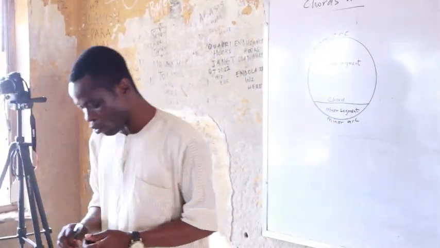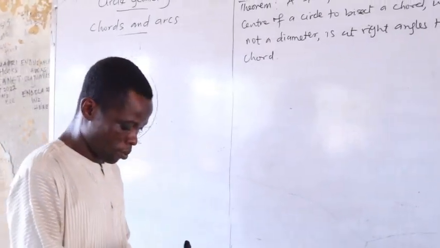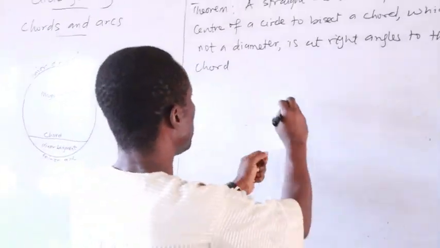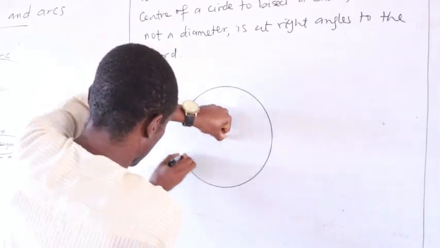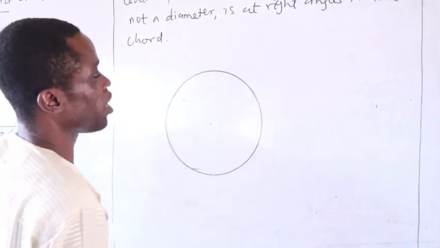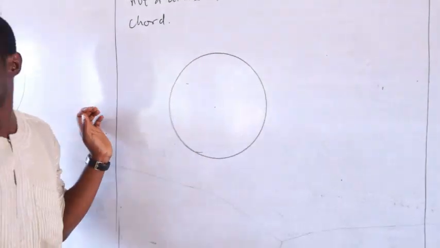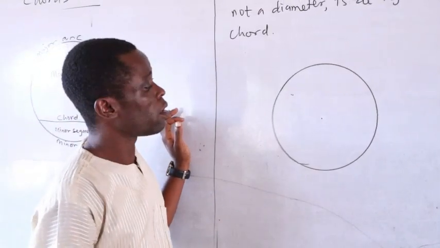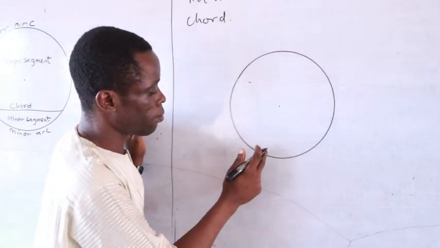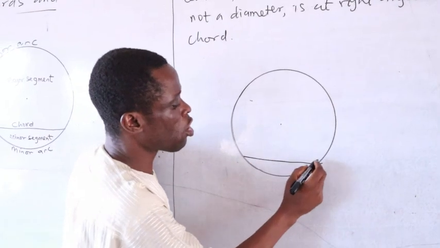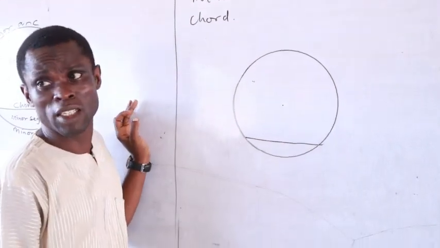Let me draw that circle. This is the circle. We have the center. Please, let somebody read the question for me. A chord of a circle is 12 centimeter. Now listen.